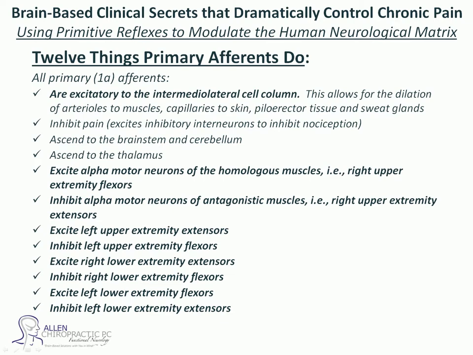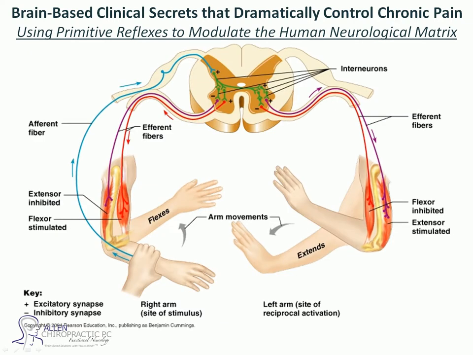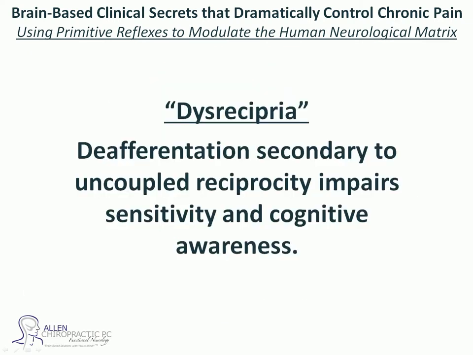And then these last 8 things are all reciprocal, they're ingrained, and they have to happen. If you don't have these things, you have a posture inside of movement. Very important. Let's talk about a new term, dysrecipria. Dysrecipria is a deafferentation secondary to uncoupled reciprocity, which impairs sensitivity and cognitive awareness.